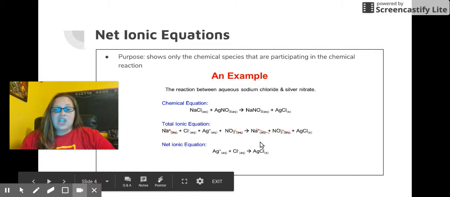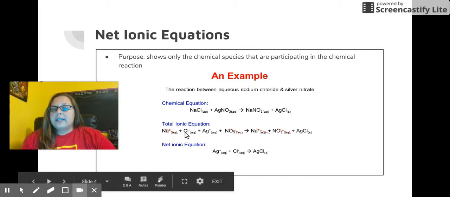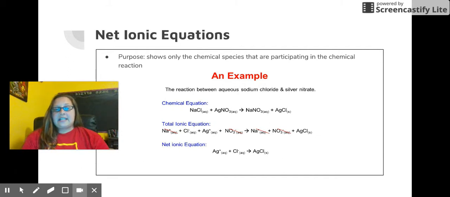So it hasn't changed what it is. So therefore, we would classify that as a spectator. But look at the chlorine. Cl minus here, and then it's in a compound here. Do you see how it's changing from reactants to products? That would not be classified as a spectator ion because that's behaving in the action of the reaction.